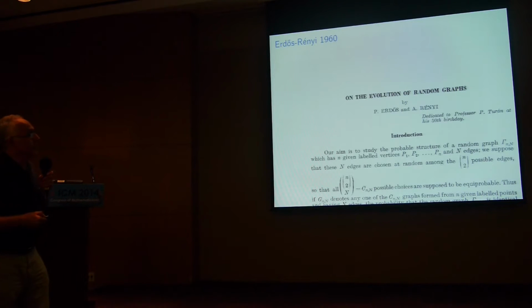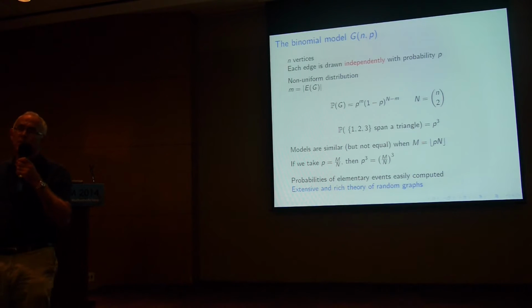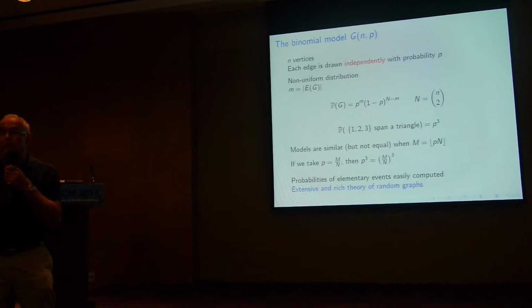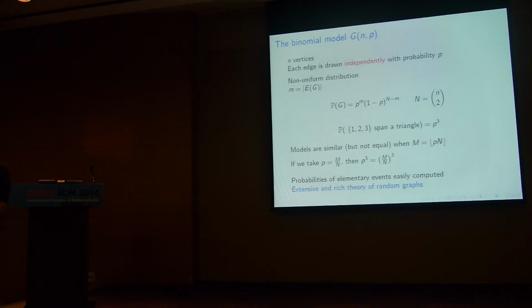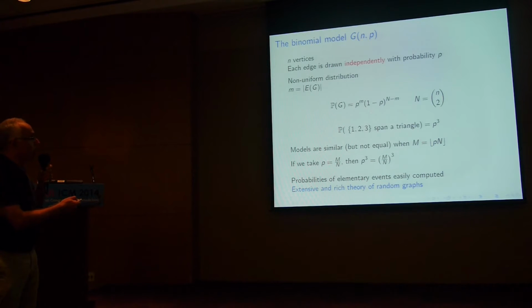Now, there is a related model which has been more used because it's easier to compute, which is the binomial model. You have n vertices, but instead of fixing the number of edges, you say, I will draw each edge independently with probability p. So this is not uniform as before, because if a graph has m edges, the probability of seeing this graph after all these draws is p to the number of edges times 1 minus p to the number of non-edges.